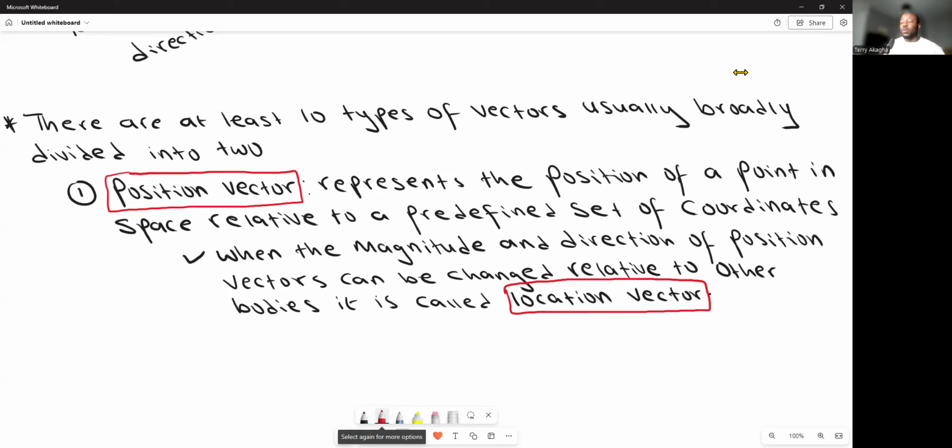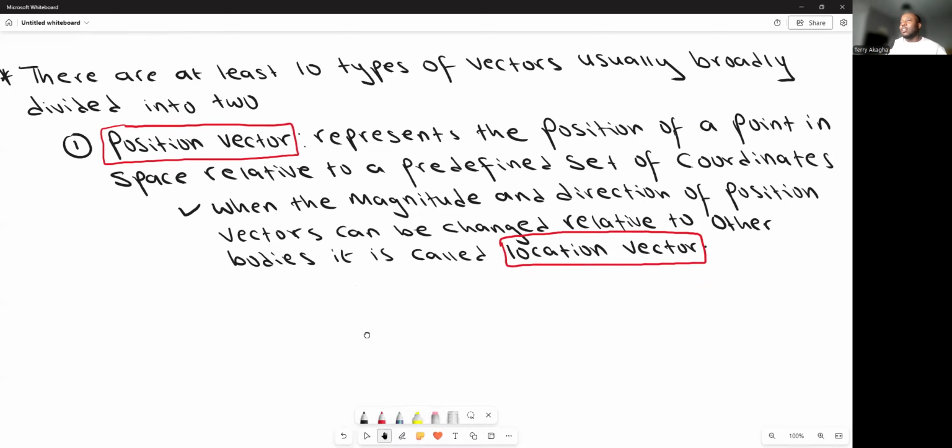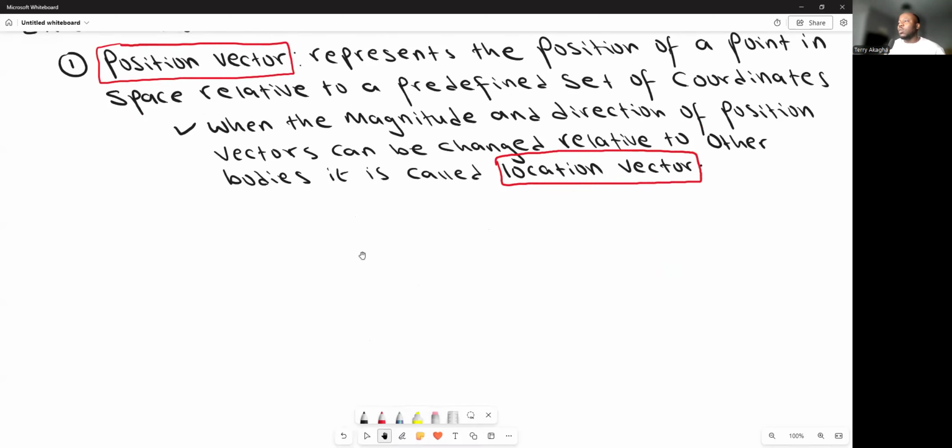All right, so number two, the second vector. Remember I said broadly they are divided into two. Number one, the position vector, and number two is called the free vector. Now, the free vector is not restricted in any way.